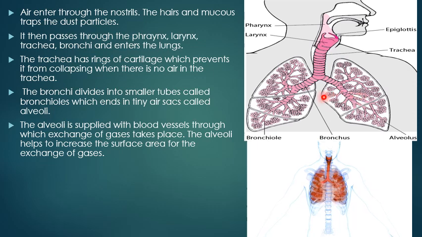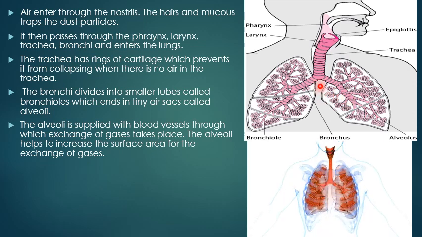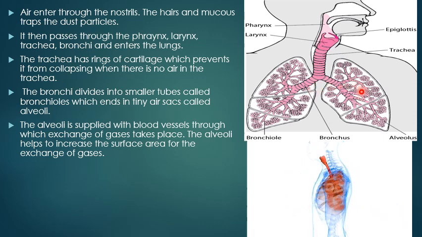The primary function of the lungs is to facilitate the exchange of gases between the blood and the air. A very interesting fact about the lungs is that the right lung is quite bigger and heavier compared to the left lung. So this is regarding the different organs and their important functions in the respiratory system.